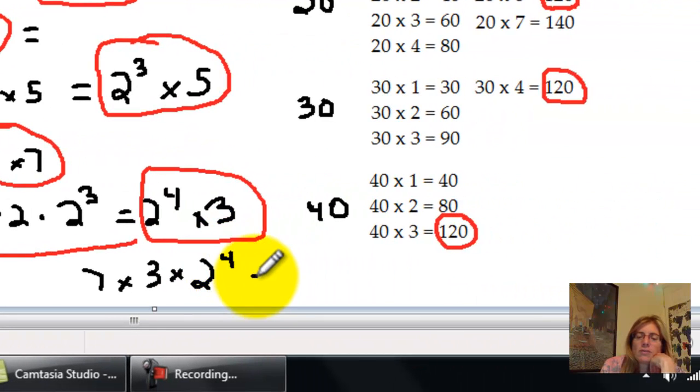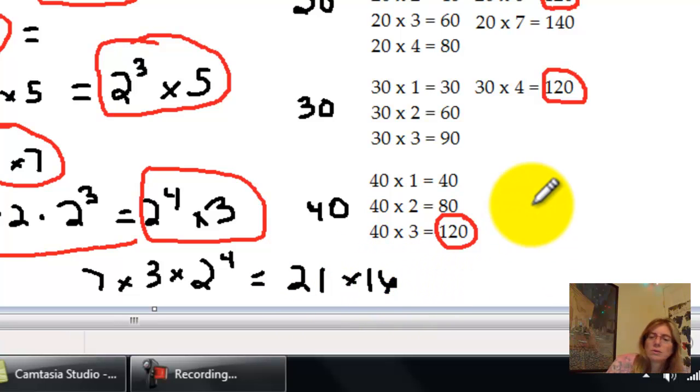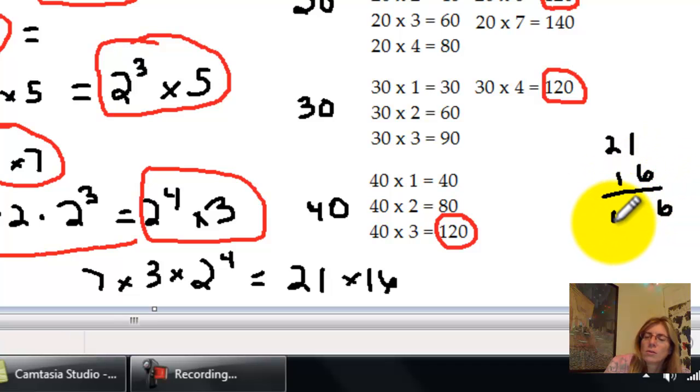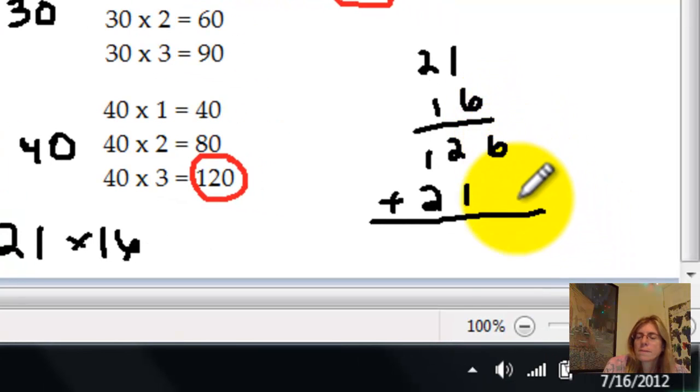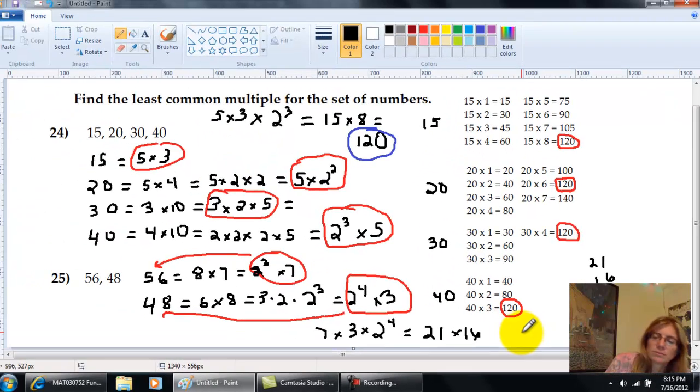And then we multiply to find out what our least common multiple is, which will be 21 times 16, which is 336. Our least common multiple then of number 25 is 336.